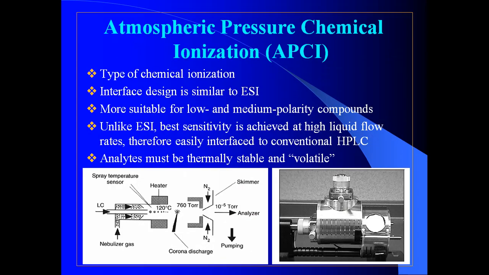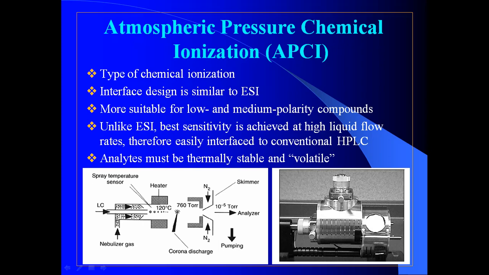The spray probe consists of a 100 micrometer internal diameter stainless steel tube surrounded by a flow of nebulizer gas. Here, the liquid sample flow is pumped through the sprayer, where it is nebulized into the quartz tube surrounded by the heaters.